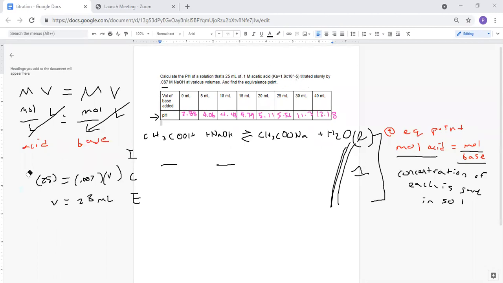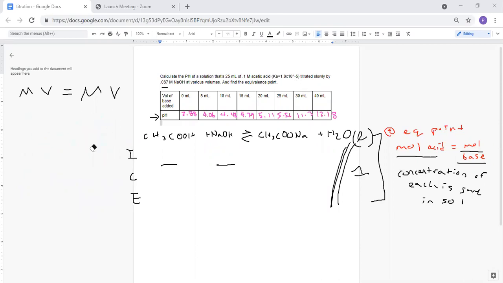Now that we know it's 28 mL, we can do our dilution, because we need to find out how the added base affects the molarities. We know the molarities will be equal, but we have to know what they will be, right? So let's use our dilution equation.